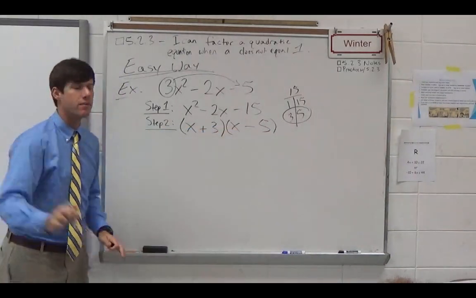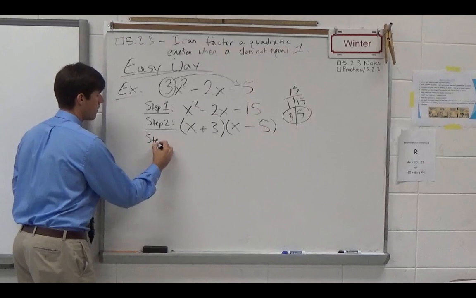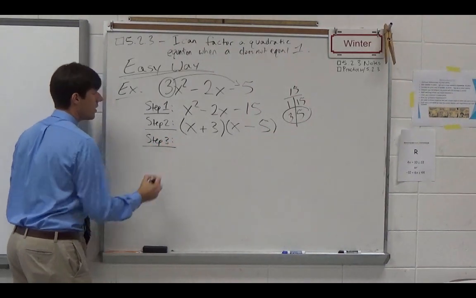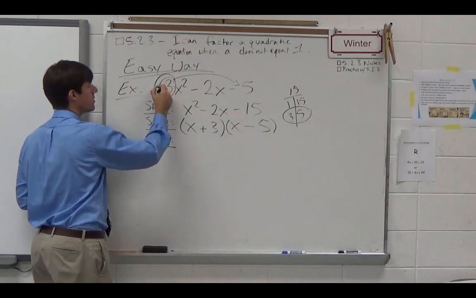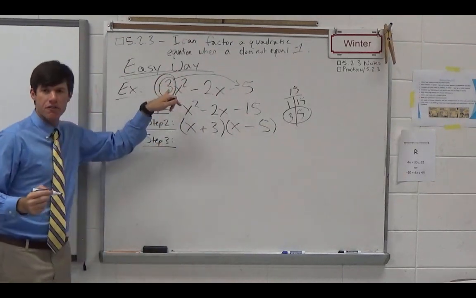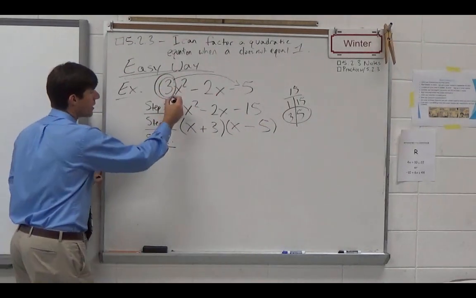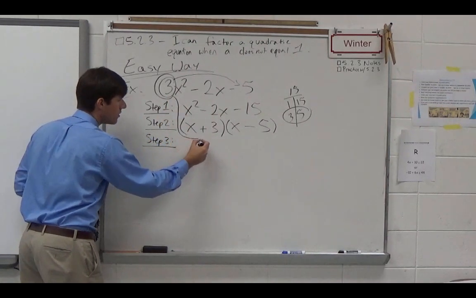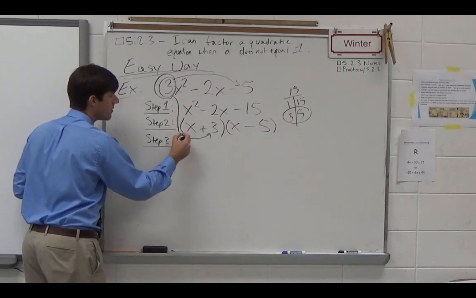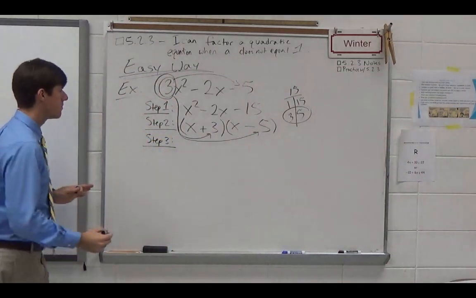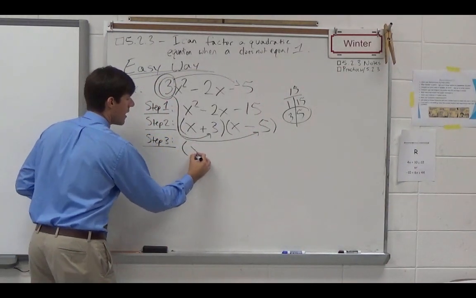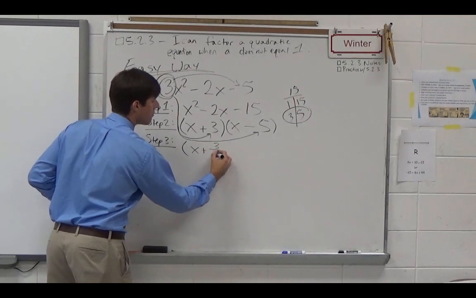Okay, step 3. This is a big step. We take whatever that leading coefficient was, that 3 out in front, and we're going to bring it down and divide it from each of these numbers. So that's going to be x plus 3 divided by 3.